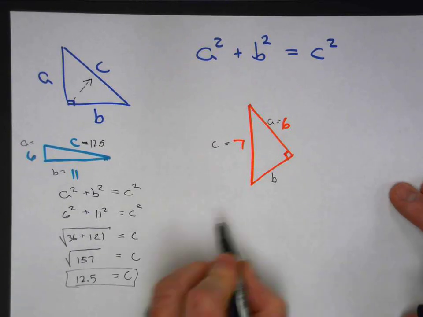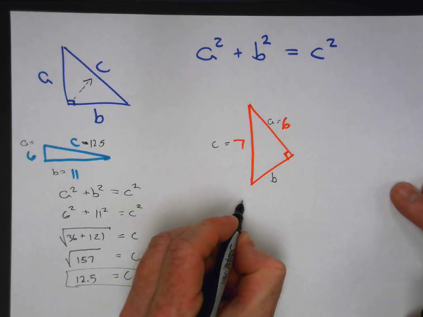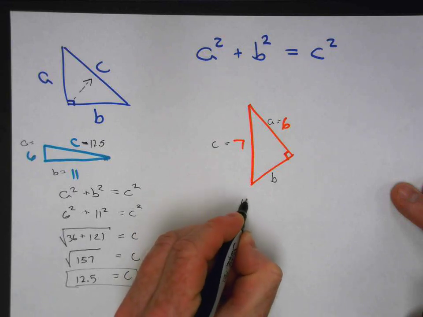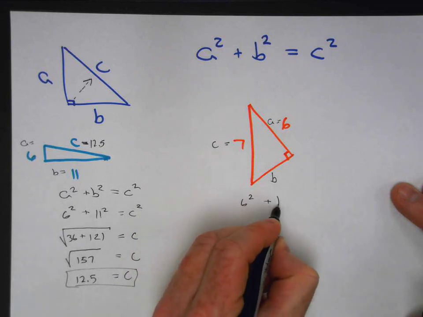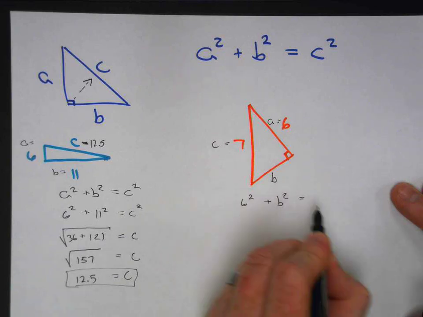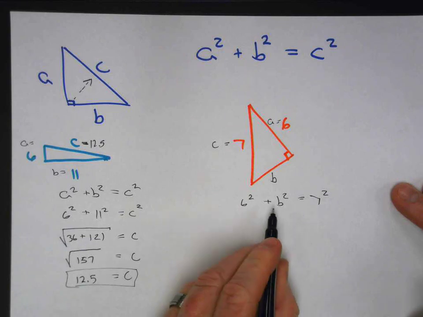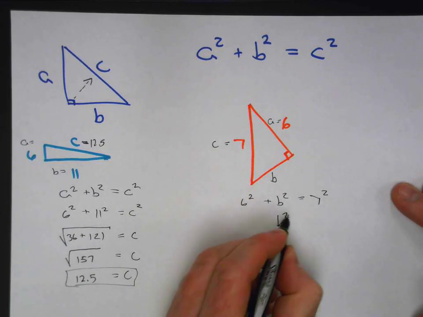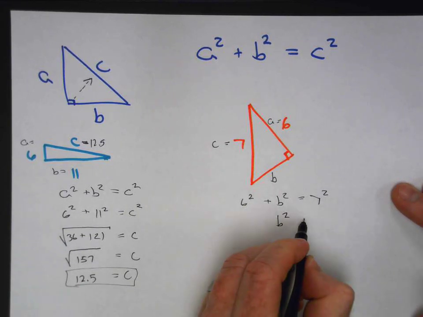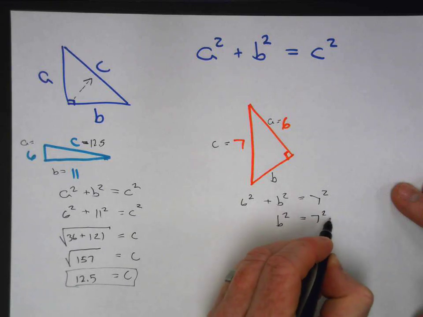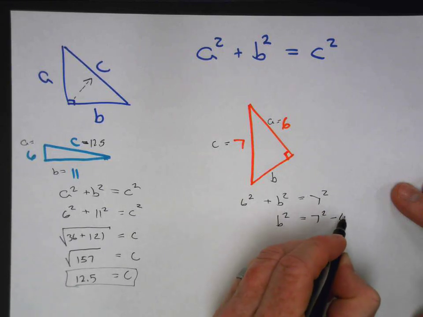So the same formula, and I'm looking for B now. A is 6, so A squared plus B squared equals C squared. And I'm looking for B, so I'm going to have B squared, and I'm going to subtract A squared from both sides. 7 squared minus 6 squared.